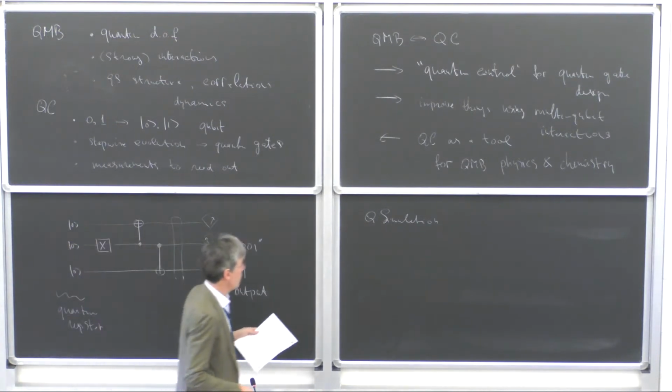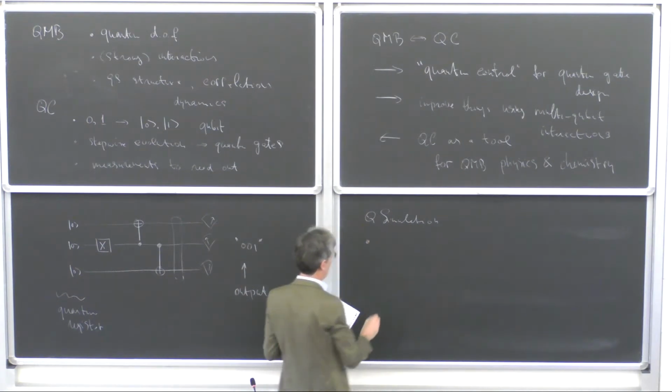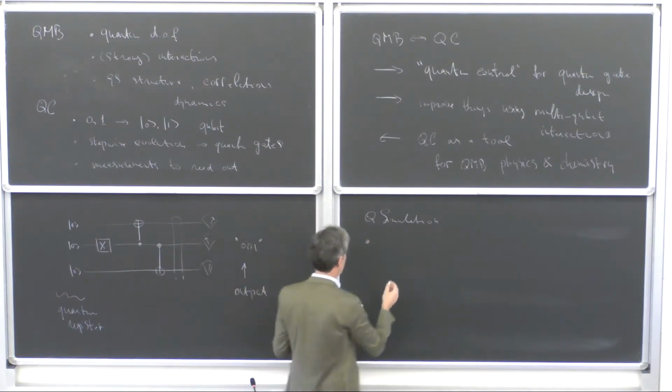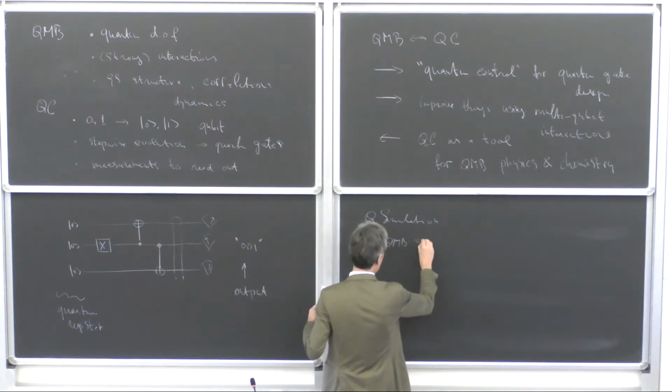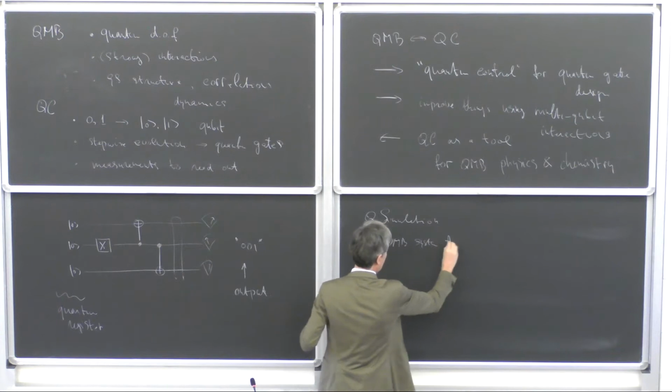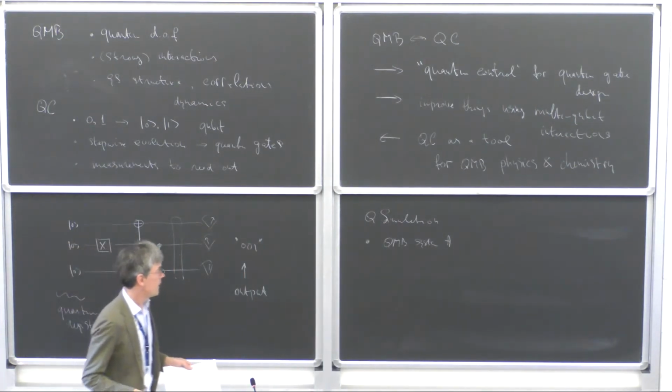And there's some confusion about what we mean by this, so let me talk about that. I think that the most direct interpretation of quantum simulation is that you're interested in your quantum many-body system, let's say number A. Let's say spins in some material, and you'd like to understand their correlations.